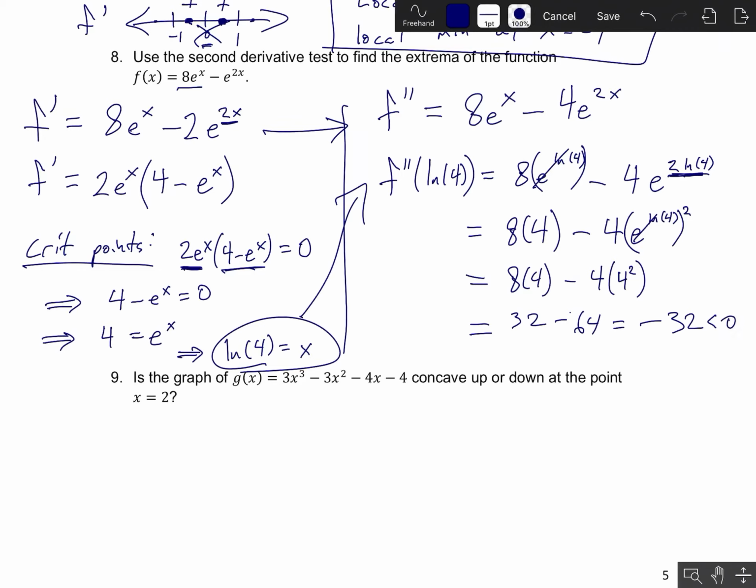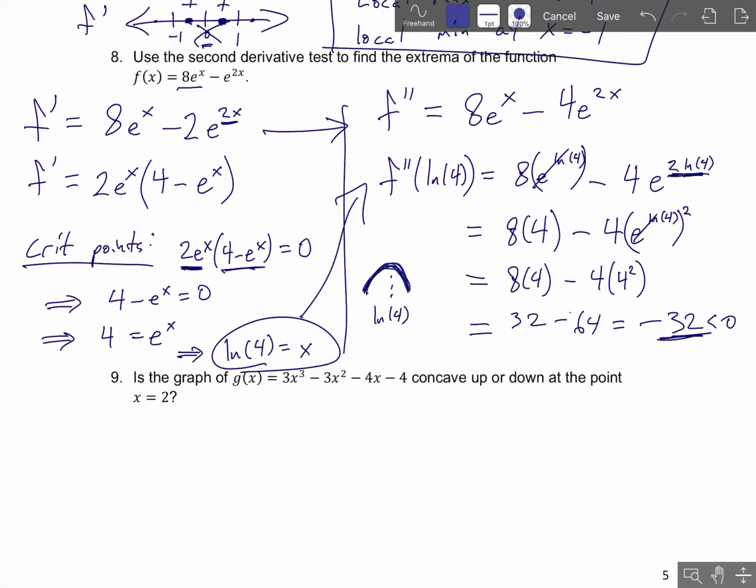So because this is negative, what that means is that if you're looking at the original function f, and you're looking at its critical point, ln of 4, we know that the concavity near that critical point is going to be negative, so this picture is going to be concave down.